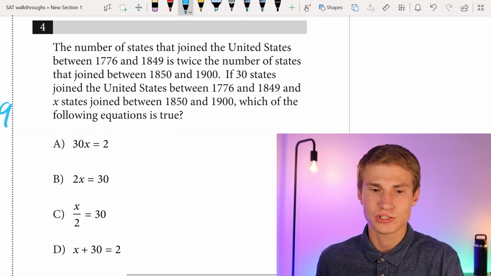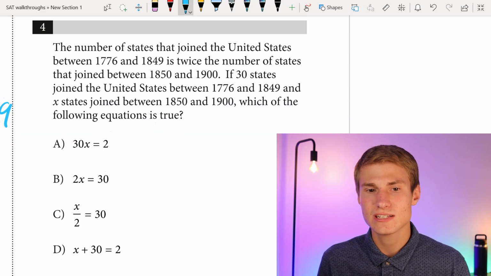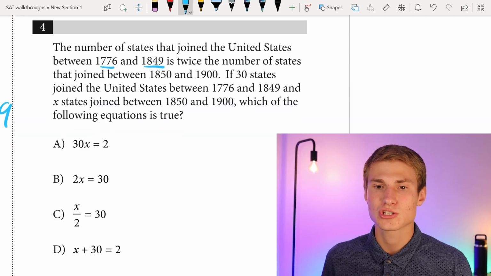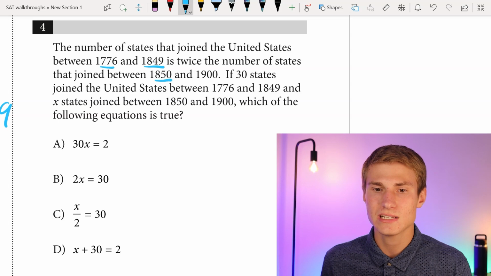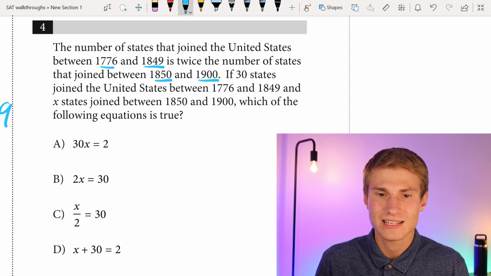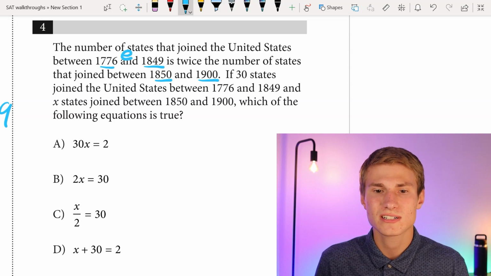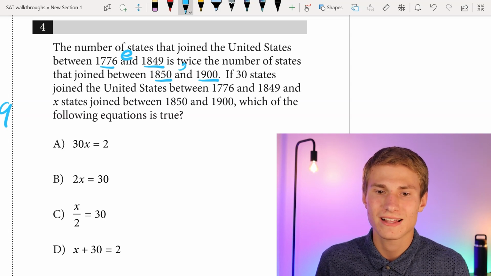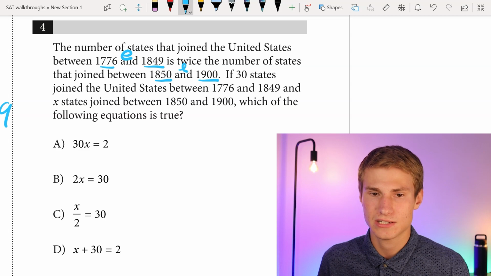All right, moving on to number 4. We have the number of states that joined the United States between 1776 and 1849 is twice the number of states that joined between 1850 and 1900. So in this case, I'm going to use the letter E for this earlier time period, and I'm going to use the letter L for that later time period of 1850 to 1900.